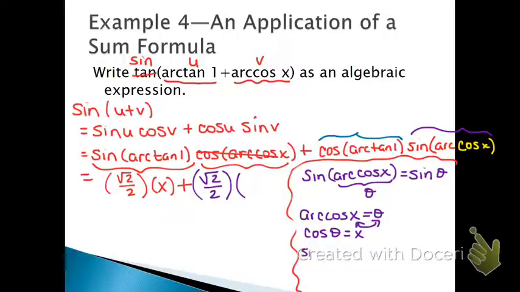And so we've got sine squared plus cosine squared equals 1. So we've got sine squared plus x squared equals 1. Then you've got to get sine squared by itself, so subtract the x squared. Guys, pay attention. So you get sine squared equals what? 1 minus x squared.